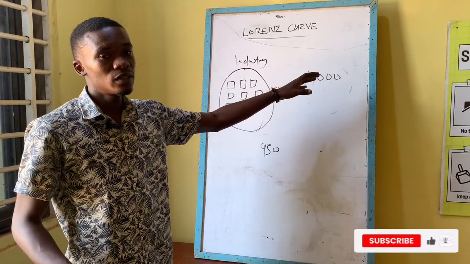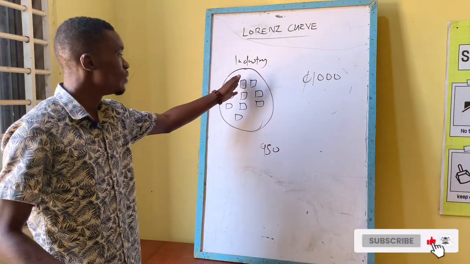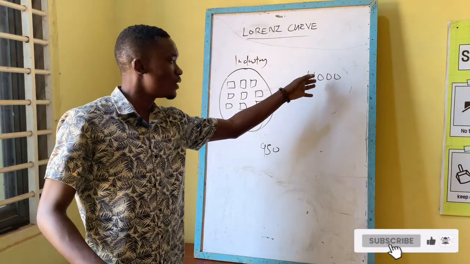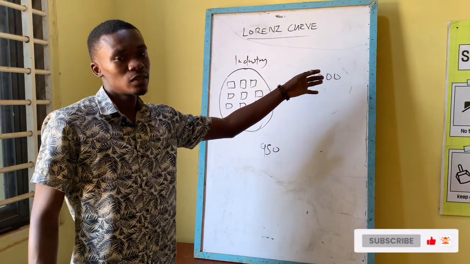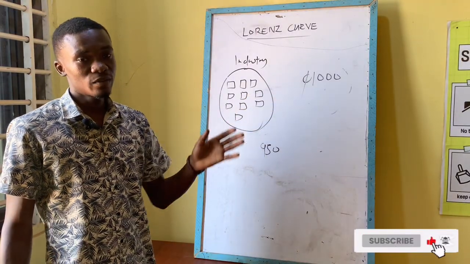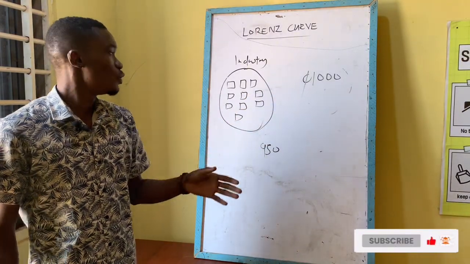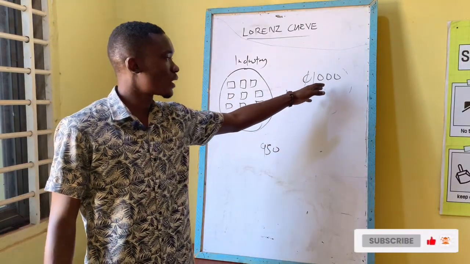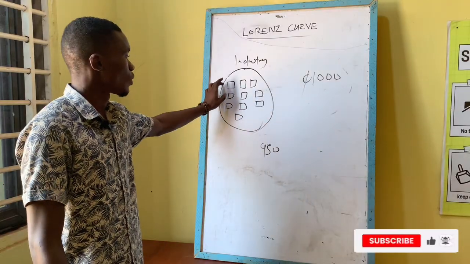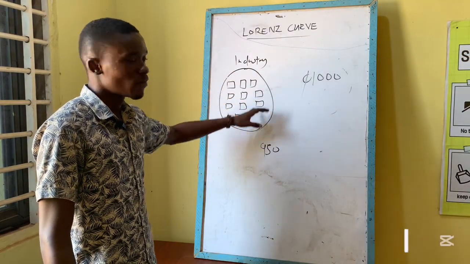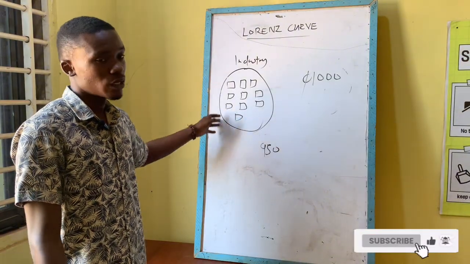I don't know if I'm making sense. That means the remaining firms contributed very, very little. That means there is a huge inequality between the firms. Supposing they all contributed the same amount, the amount that this one contributed would be the same as the amount that this one contributed, and for the rest of the industry.